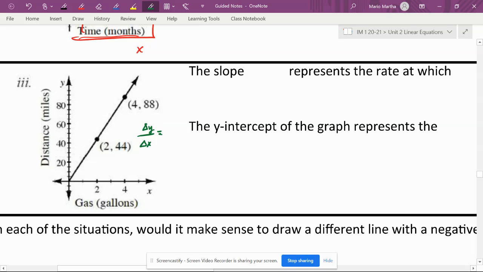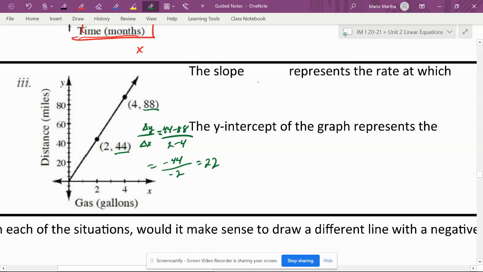So that's equal to, again, subtracting the y's, you're going to go from 44 to positive 88. So 44 minus 88 divided by 2 minus 4. So 44 minus 88, that gives you negative 44. And then divided by negative 2. Negative divided by a negative happens to be positive 22.